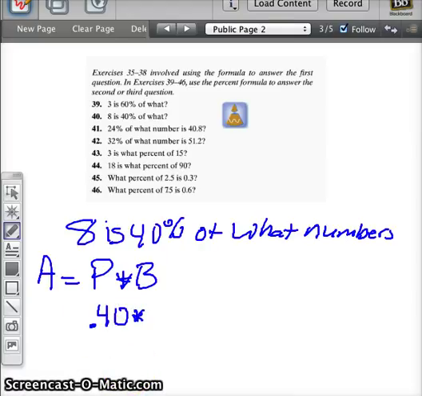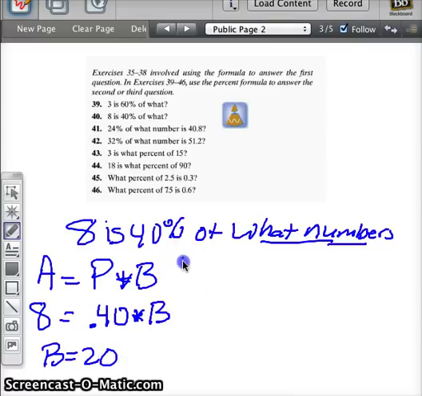Of what number? This must be the base, so that's B, and then 8. 8 is 40% of what number? So let me get my calculator. 8 divided by 0.40 is 20, so B is equal to 20.